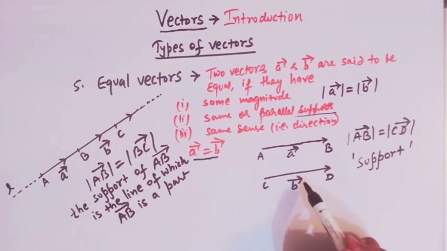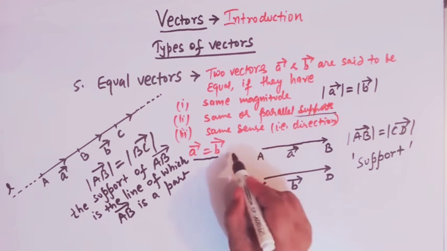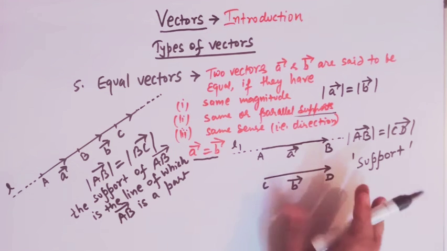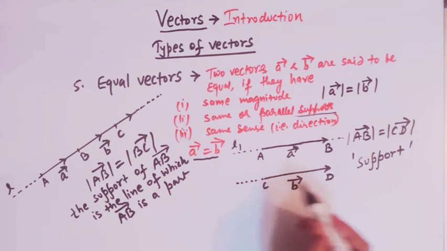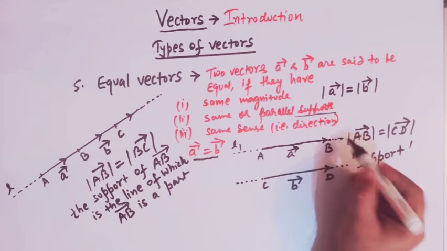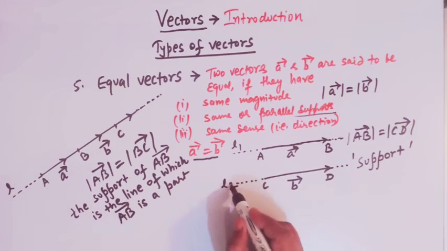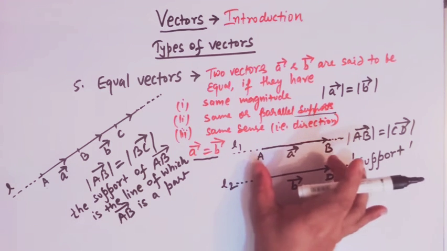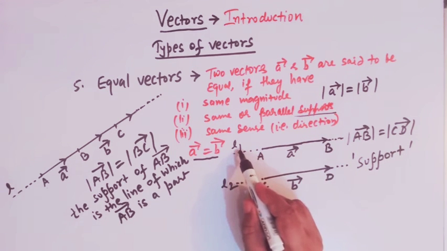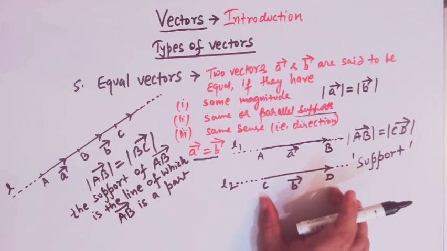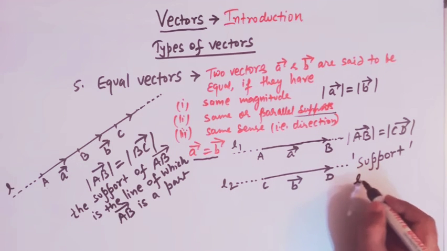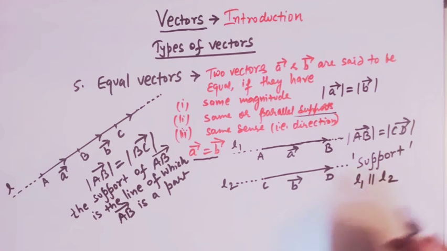And in this other case, see this vector AB is a part of some line, suppose this is the line L1, and this vector CD is also a part of some line L2, right? The support of vector AB is line L1, the support of vector CD is line L2, and line L1 is parallel to line L2.